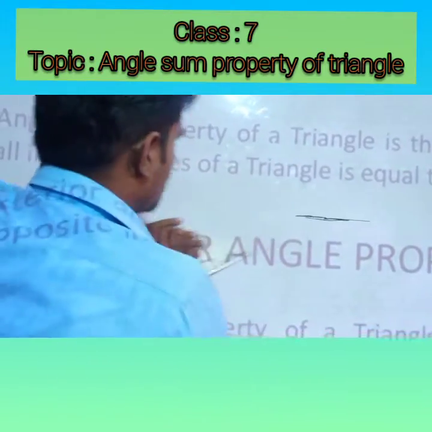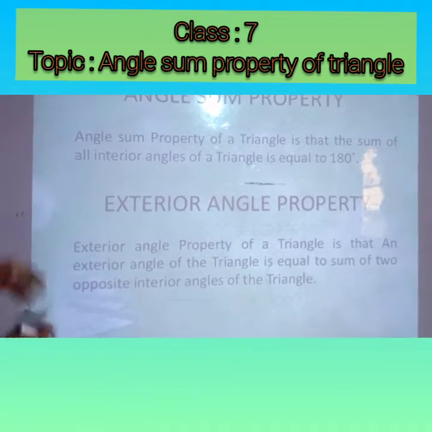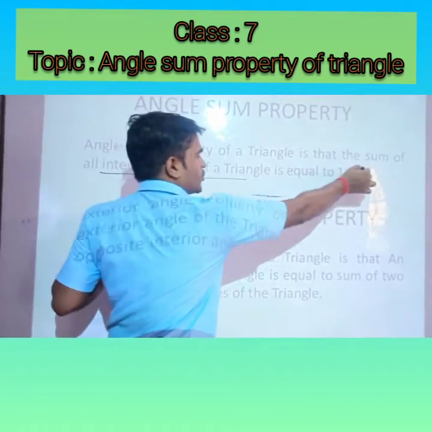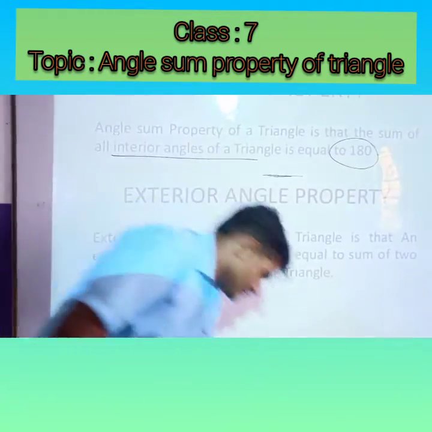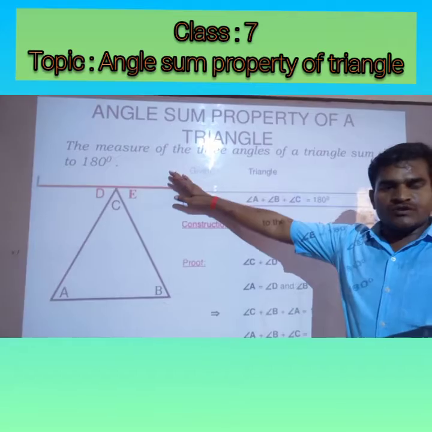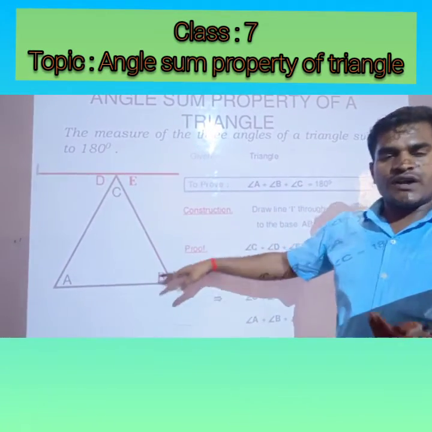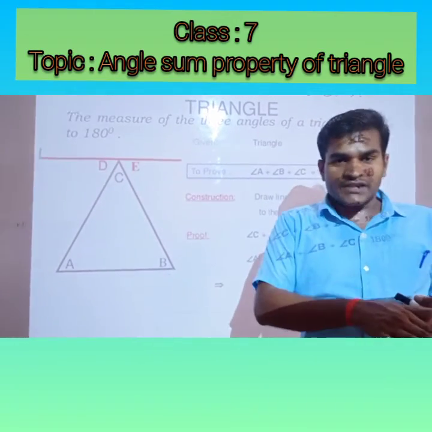It's clear? So children, the angle sum property of a triangle is that the sum of all interior angles of a triangle is equal to 180 degrees. As we know the sum of all the angles of a triangle is 180 degrees, that's what we proved through an activity.